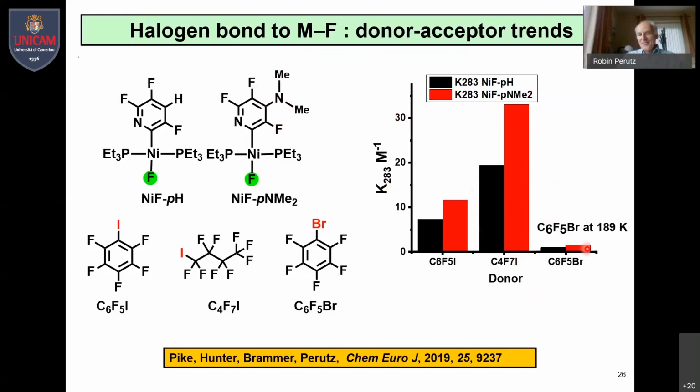As for using bromine instead of iodine, that's very, very weak indeed. So this little tiny column here is for the C6F5Br, and that's measured at lower temperature, 189 Kelvin, to help the equilibrium along. And even so, it's so small you can barely see it. So iodine is strongly preferred.